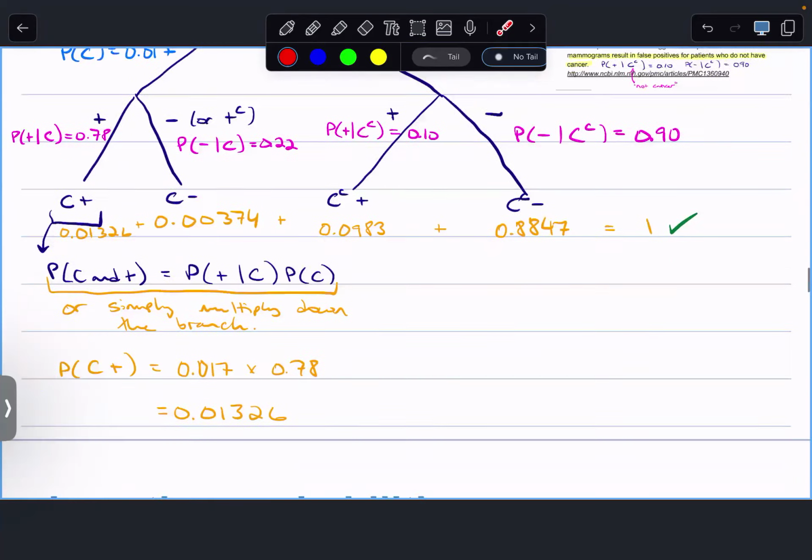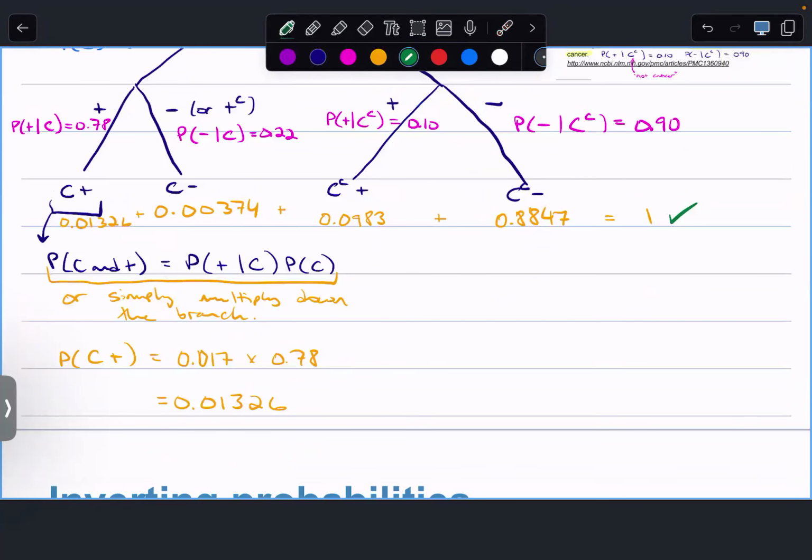I know it's coming up on a future slide, so I'm just seeing how much space I have. The probability of testing positive is the probability of having cancer and testing positive plus the probability of not cancer and testing positive.